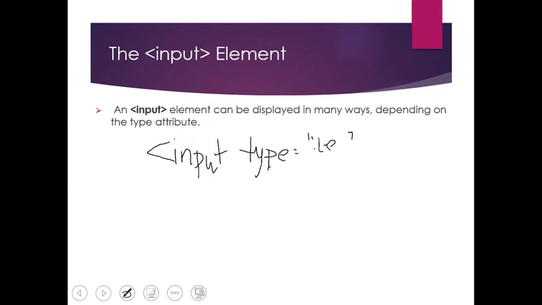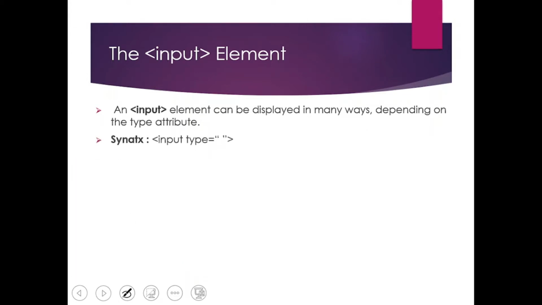So if we write input type is equal to text, it will display a text box onto the screen. And we have more attributes with it. We'll be learning them one by one. So with input type, you have the syntax input type is equal to whatever type you want to mention. That is what you need to write in that blank space.